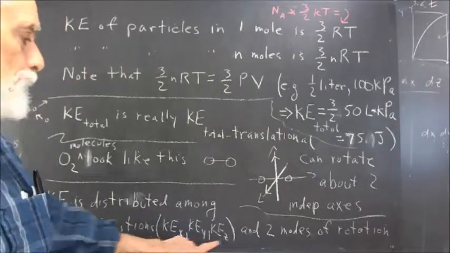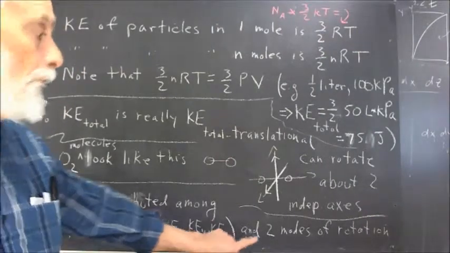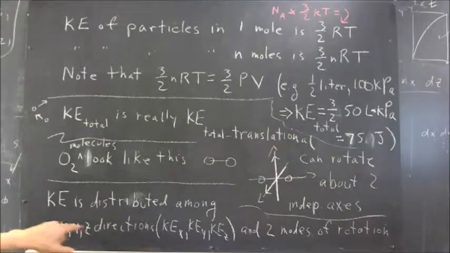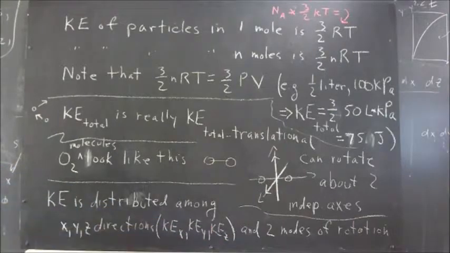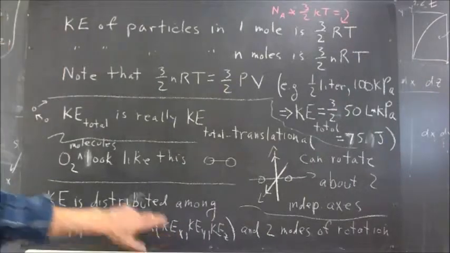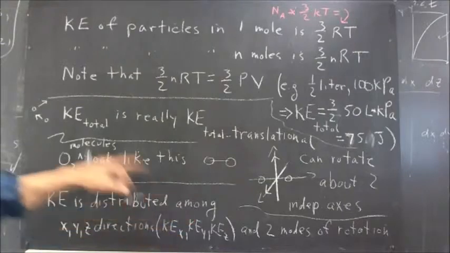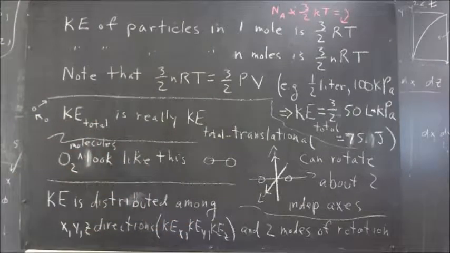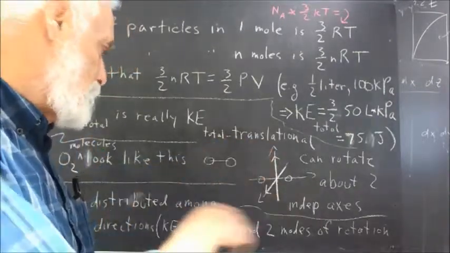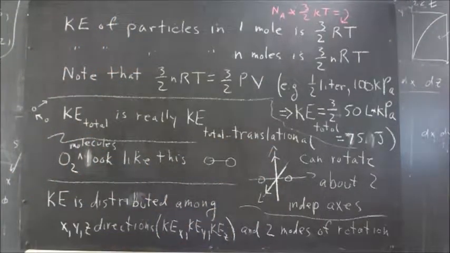Motion in the x direction, motion in the y direction, motion in the z direction, motion about each of two independent axes of rotation. It's going to turn out that the kinetic energy distributes itself evenly among these modes, so that for every bit of kinetic energy in the x direction, we have an equal amount of energy in each of the two modes of rotation.